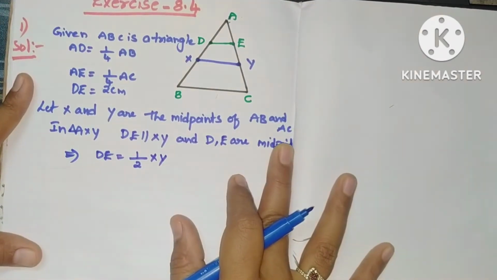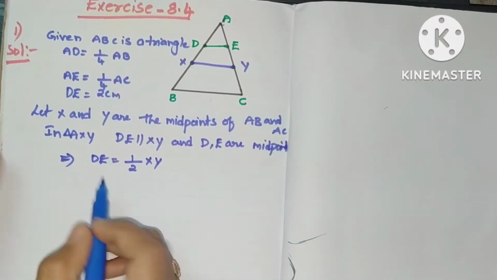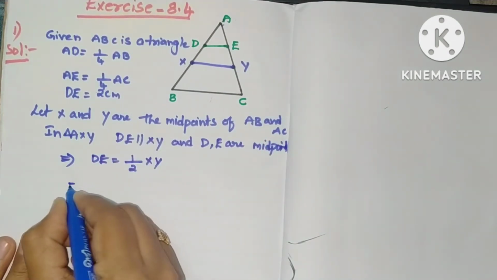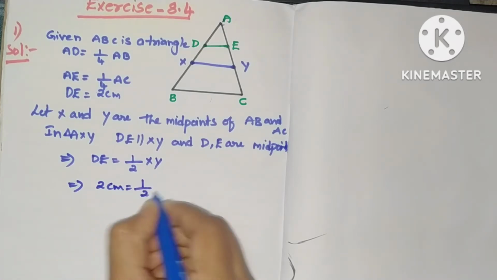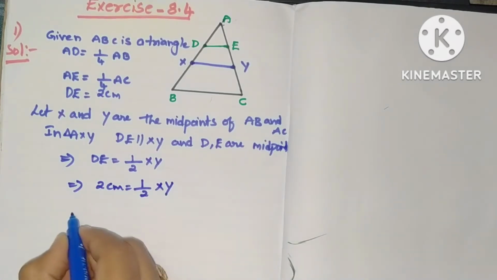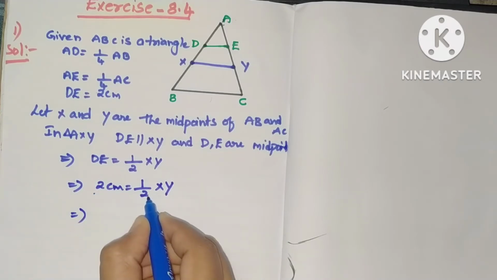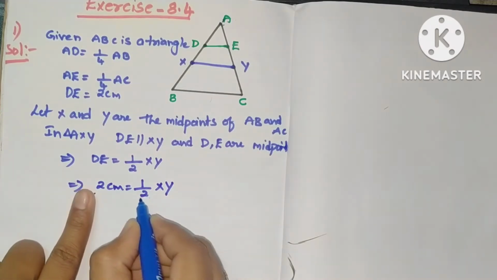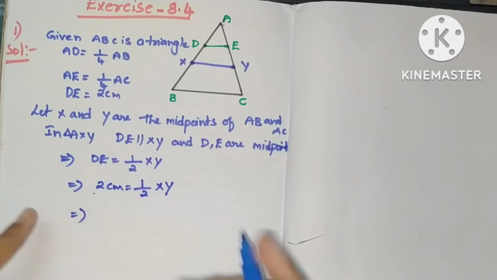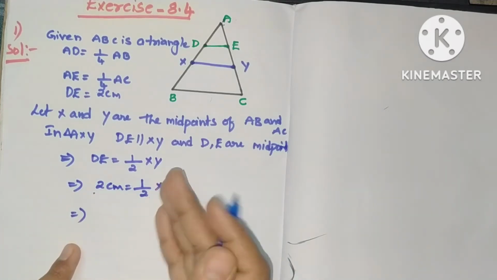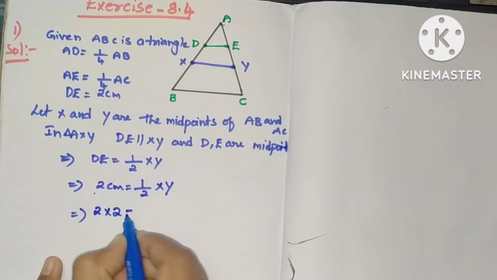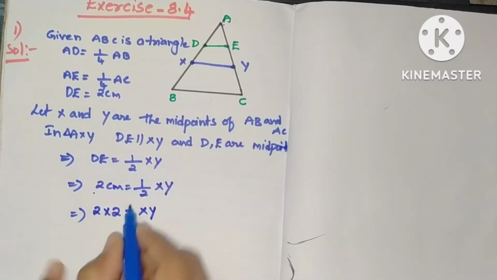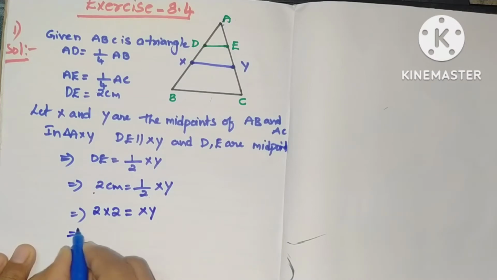So we know what DE is: 2 centimeters. So 2 centimeters is equal to half XY. Then if we transpose this 2 to the LHS, it comes under multiplication. So 1 into XY, 2 twos are 4.